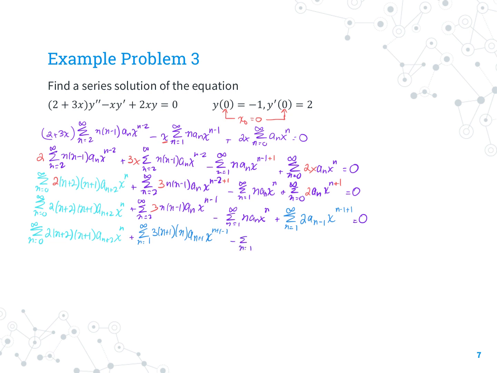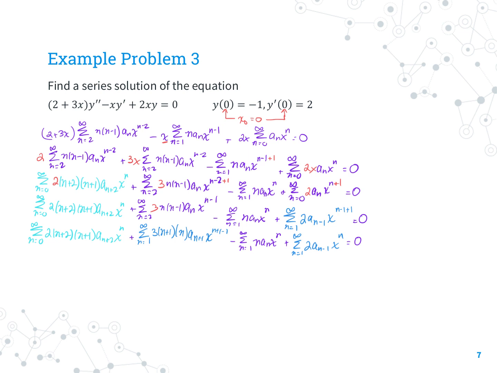Minus our sum from n equals 1 to infinity of n a sub n x to the n, plus our sum from n equals 1 to infinity of 2 a sub n-1 x to the n. We're almost there with all of our x to the n's.